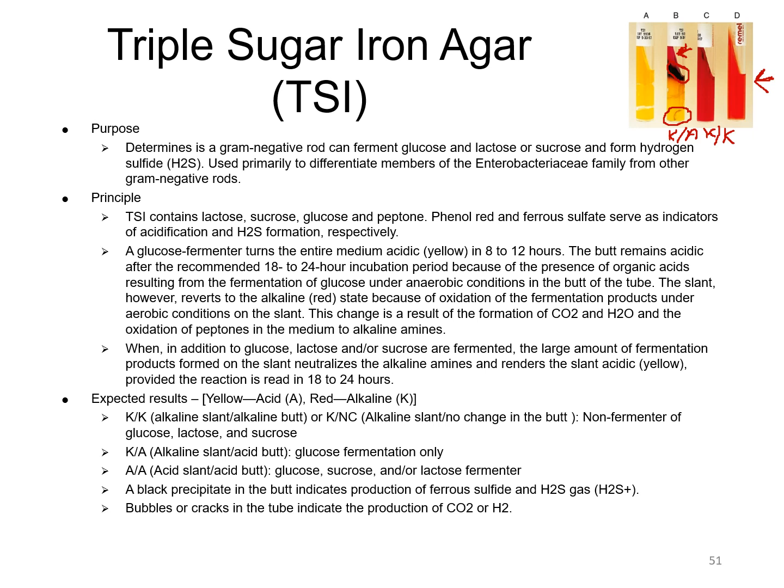And then if we're looking for an acid-acid, of course this one used all three. So you get that acid production in the bottom as well as on the slant. You can also see where this particular organism produced gas, so you have a break in that agar.